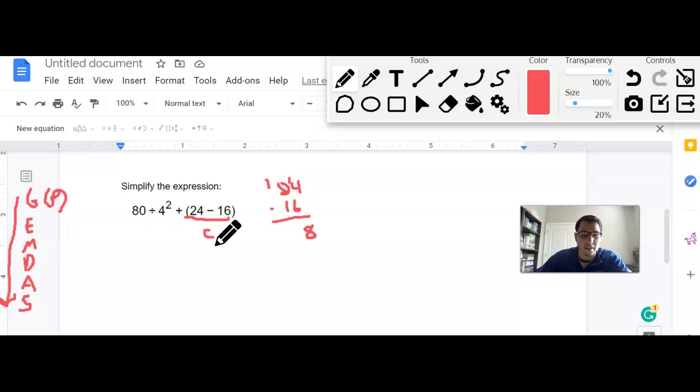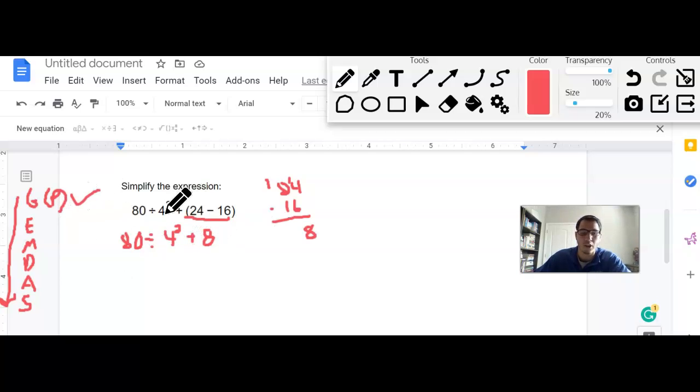I'm going to put this here. And then we bring everything else down, only solving one step at a time. Since we solved everything in the parentheses, we don't need them anymore. Grouping in parentheses, we have no more, so we are done.